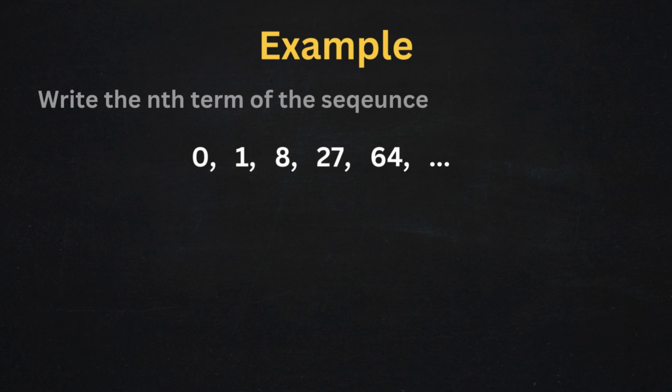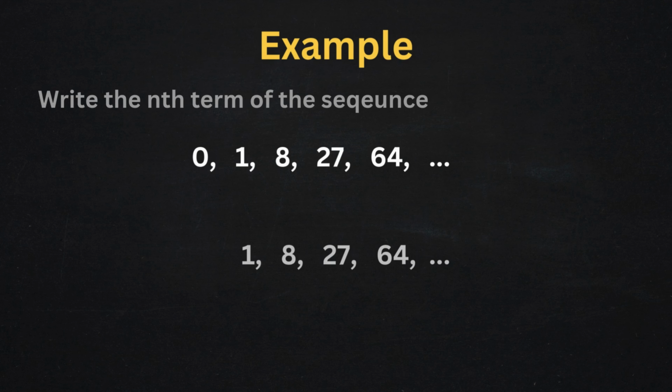Now, write down the nth term of the sequence 0, 1, 8, 27, 64. First, recognize which family it belongs to. Cube numbers, right? Good. The original cube numbers are 1, 8, 27, 64, and so on.